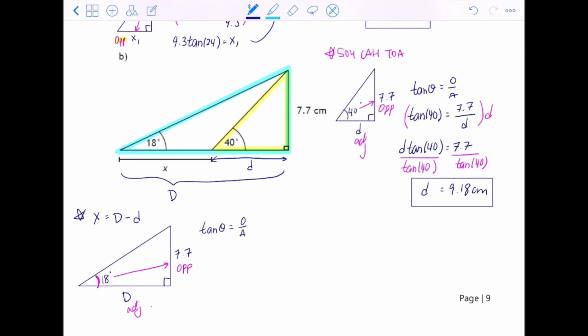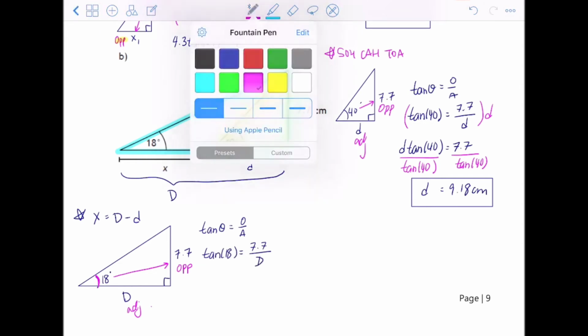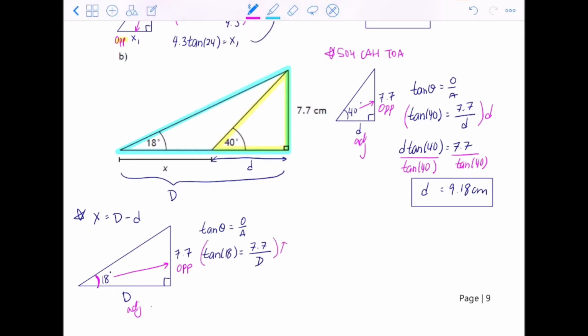Opposite over adjacent, so we have tan of 18 equals 7.7 over capital D. You multiply both sides by D. So you have D times tan of 18 equals 7.7. Divide both sides by tan of 18.